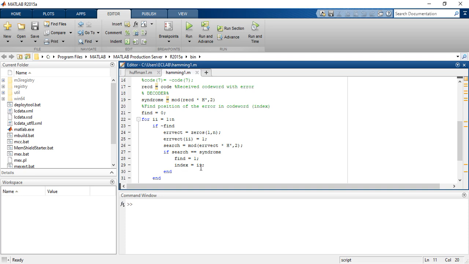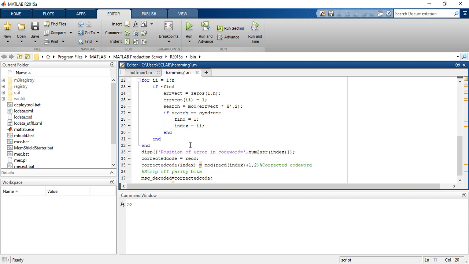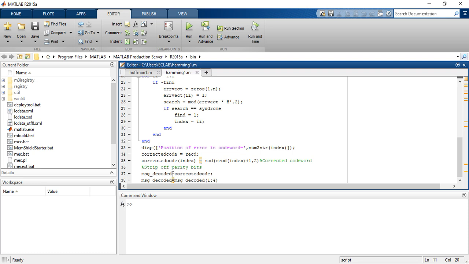Whichever position has the error will be indicated by this program. Later, the position of the error in the code word is obtained and added to the received data, and the corrected code is calculated, as I explained in the theory part.